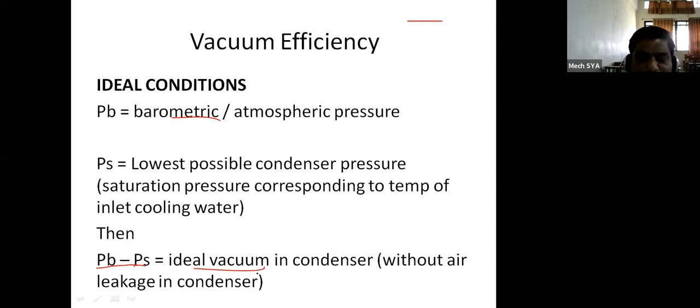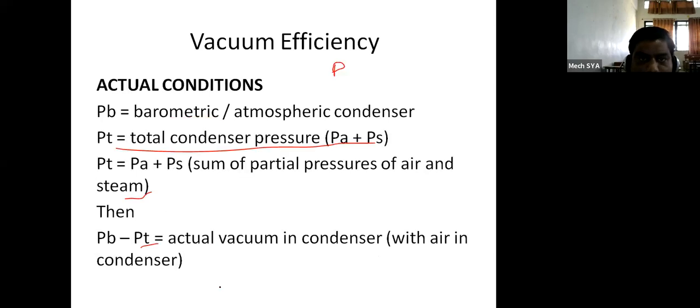But in actual conditions, the barometric pressure is PB, no doubt, and the total condenser pressure includes the pressure exerted by air, by Dalton's law.